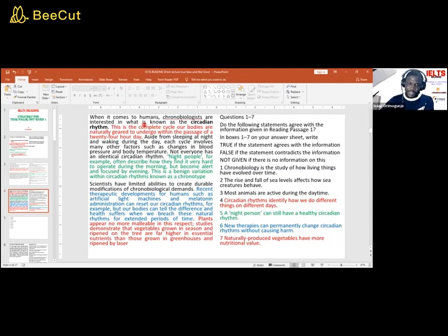This is the complete cycle within the passage of 24 hours. This one says, identify how we do different things on different days. Okay, the two of them are trying to identify what circadian rhythm does. Yes, identifies.